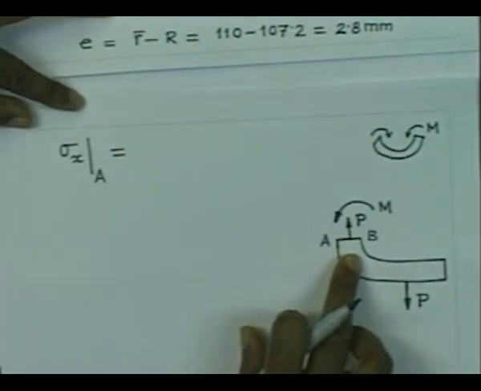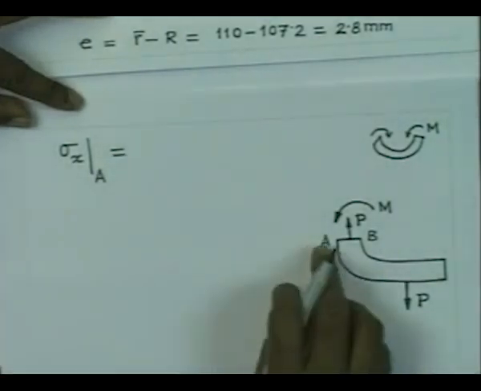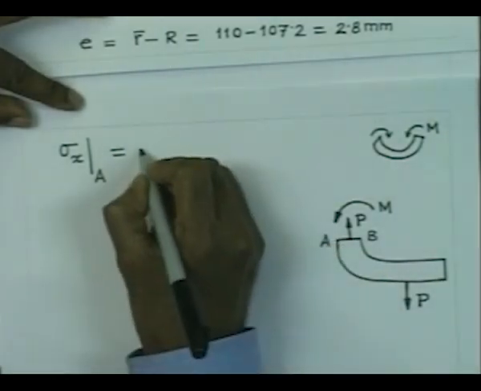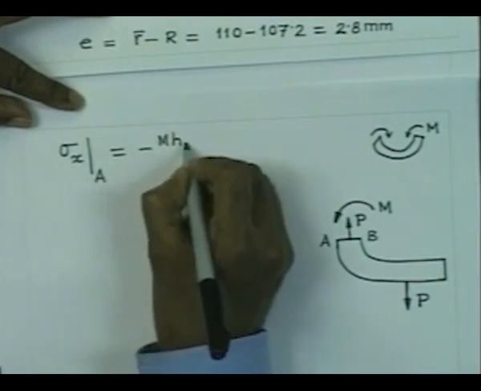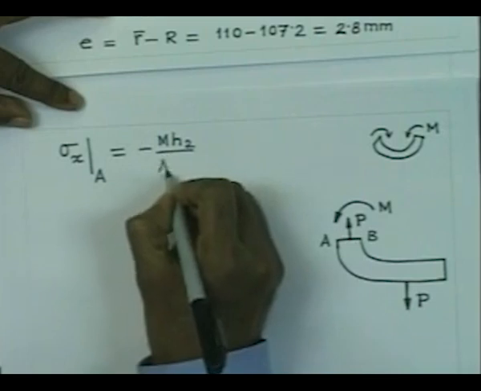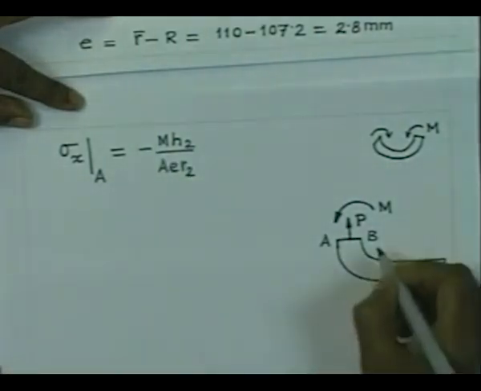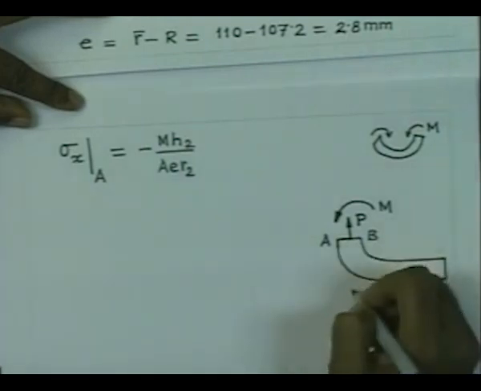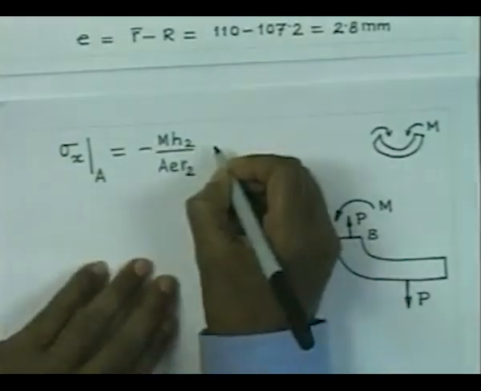But in this case, you find that this moment is going to increase the radius of curvature, and hence it is a negative bending moment. Therefore, the stress here is going to be minus M H2 divided by A E R2. This is your y axis, this is the z axis.